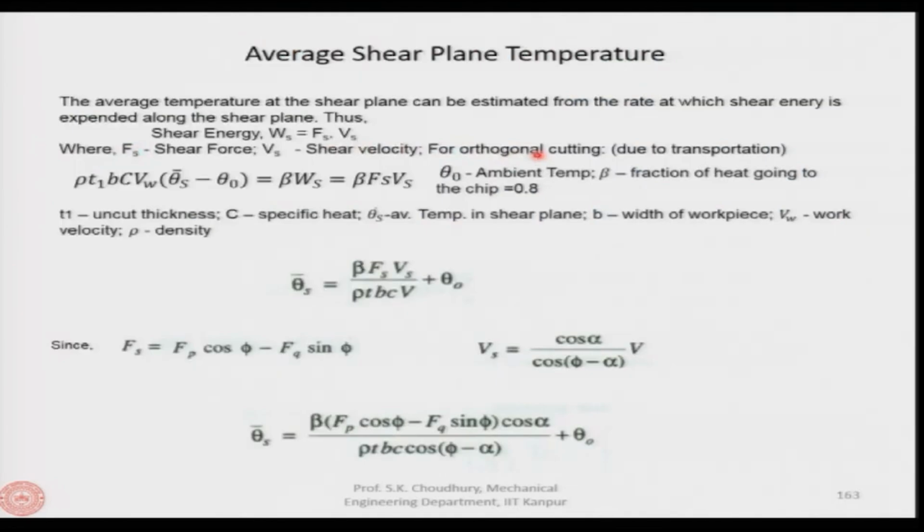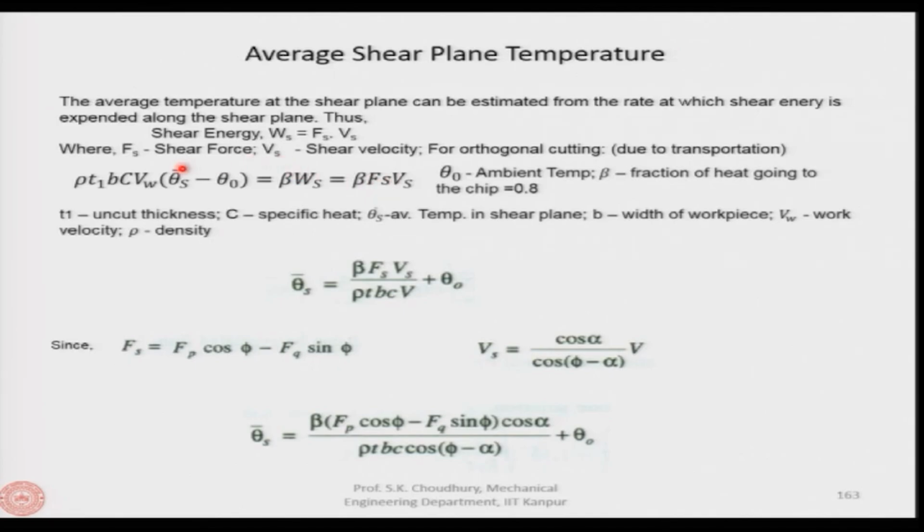So, for orthogonal cutting due to transportation, the heat flow equation can be written as rho T1 B C VW into (theta S bar minus theta 0) is equal to beta into Ws, which is equal to beta into Fs Vs. Let us see what it is.